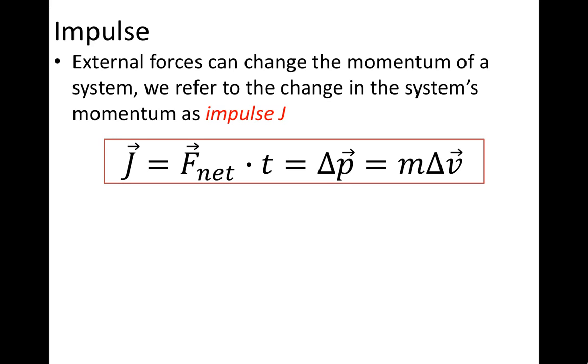So J represents impulse, and you can find impulse by multiplying the net force acting on the object or the system times the time for which that net force has been acting. That impulse will result in a change in the object's momentum, which we can find by multiplying the mass times its change in velocity. Notice that everything with the arrow over it is a vector quantity. The direction is really important.